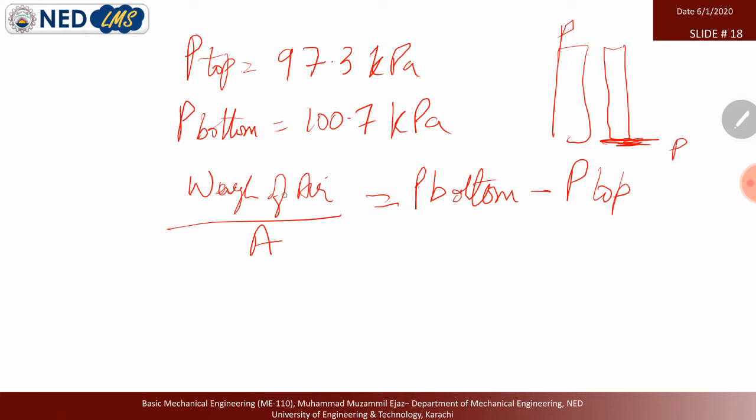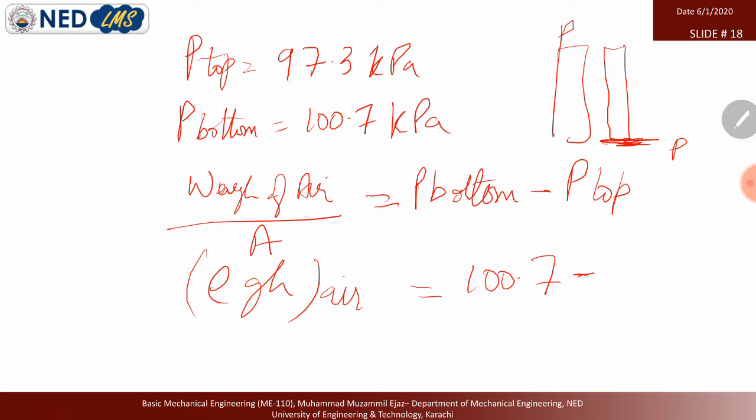We can formulate this pressure as rho g h of air, equal to P bottom, that is 100.7, minus 97.3 kilopascal. The difference of these two readings is due to the height, so this difference gives the height of the building.